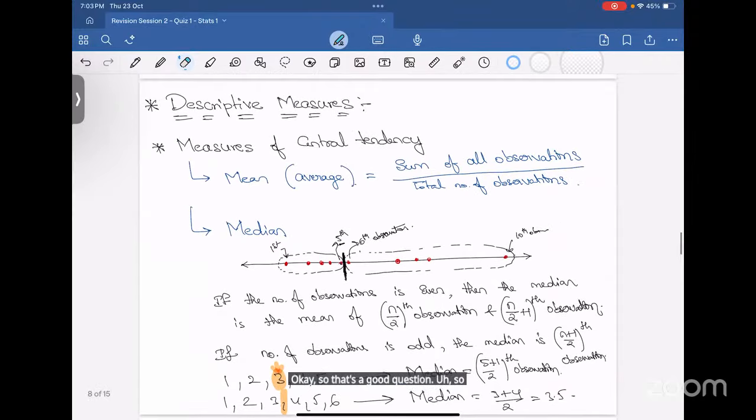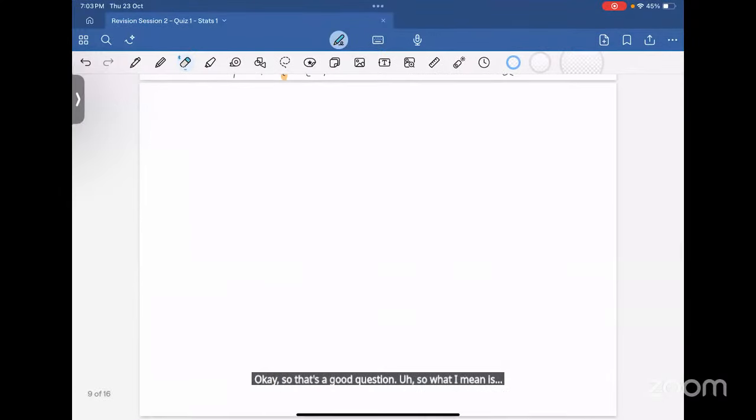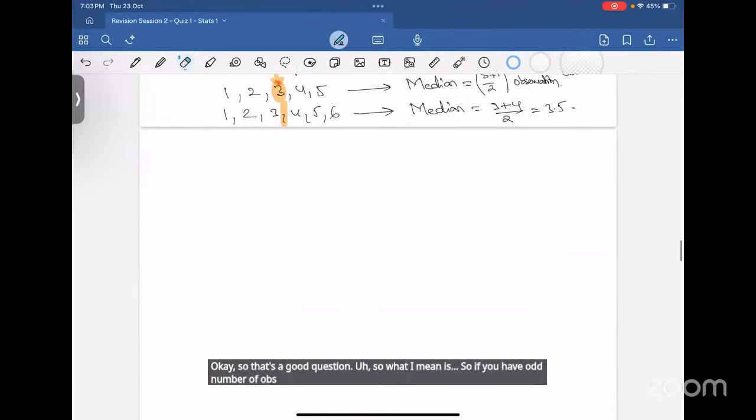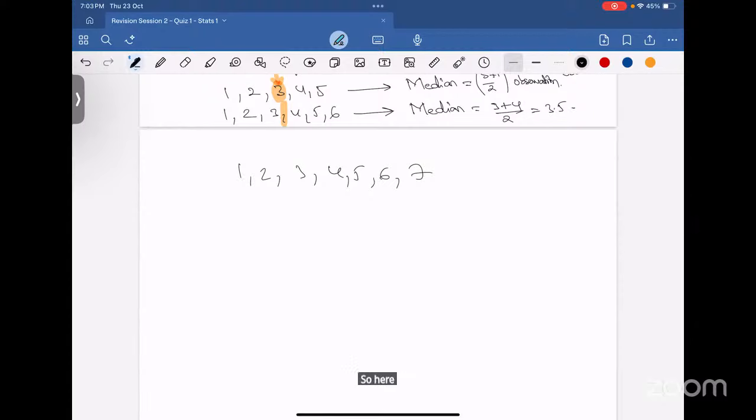So what I mean is, if you have an odd number of observations, let's say 1, 2, 3, 4, 5, 6, 7. Here Q2 is very easy. Q2 is 4. Since you are able to get Q2 as 4, which is a data point, you take the lower half to be 1, 2, 3, 4.